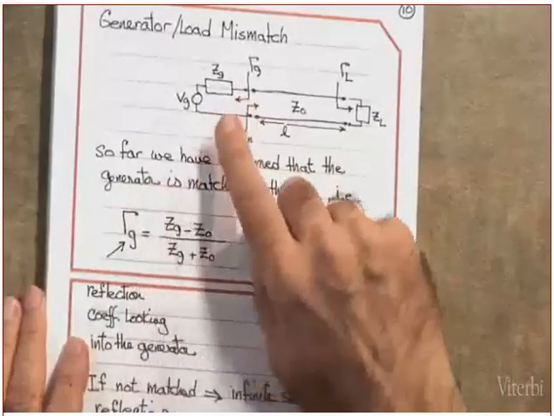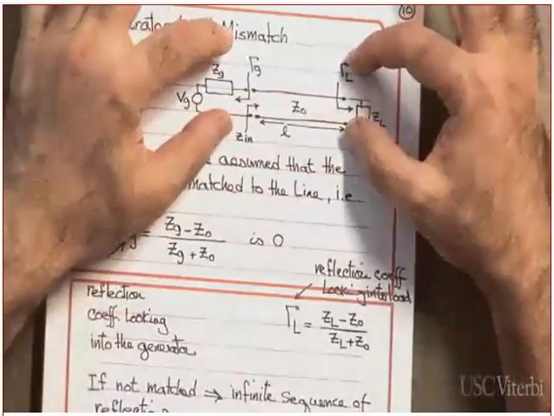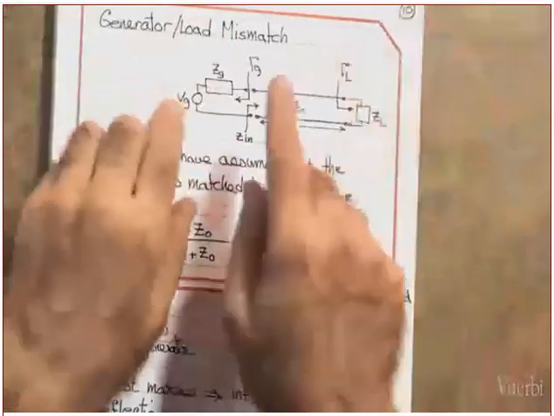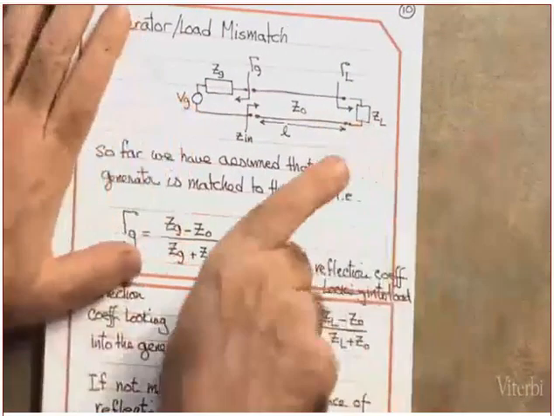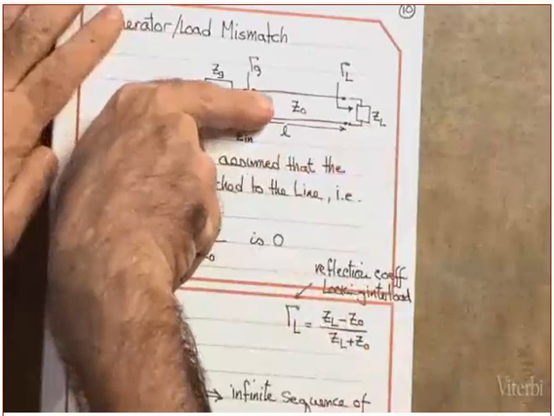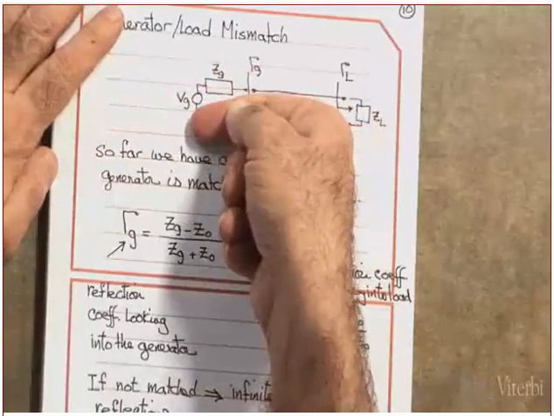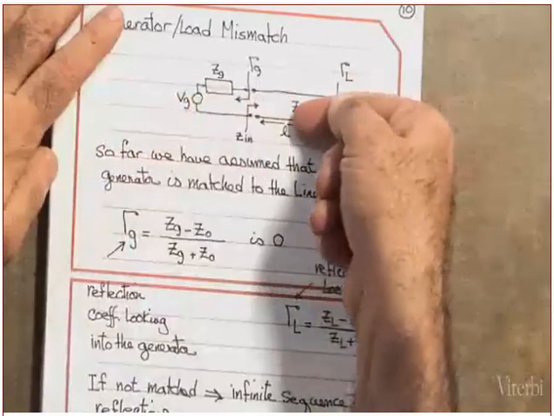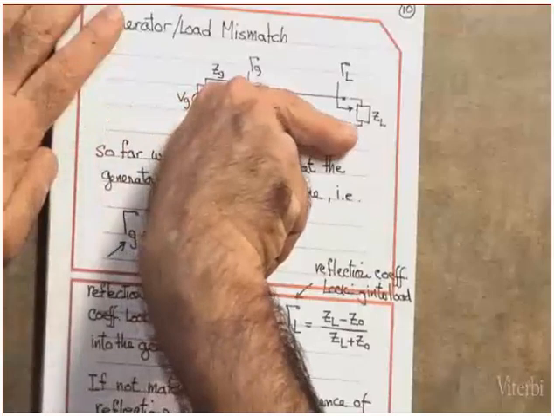Now, before we get to the Zn, this is a little bit of the tricky part. Let me explain what is happening here. Let's assume I have mismatch in both directions, at the source and at the load. What is going to happen? When this waveform comes here, some of it will be reflected. When it comes to here, some of it will be reflected. When it comes to here, some of it will be reflected again.